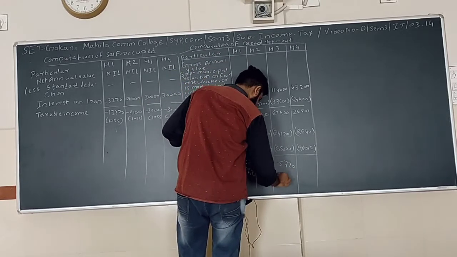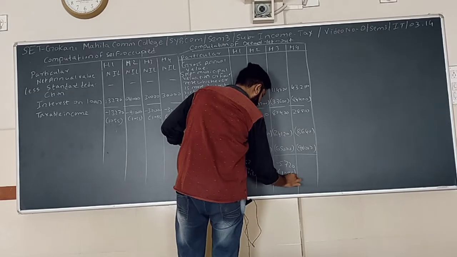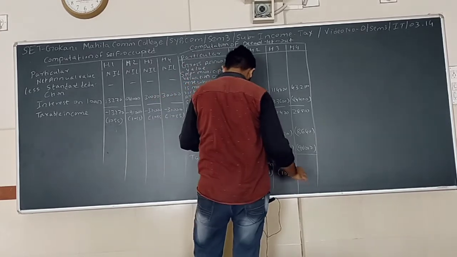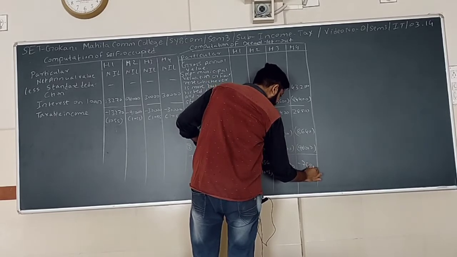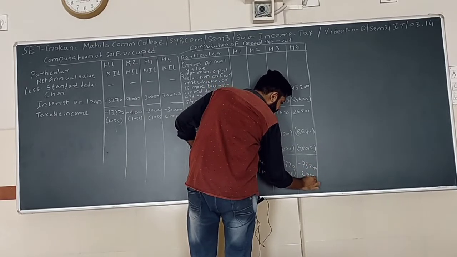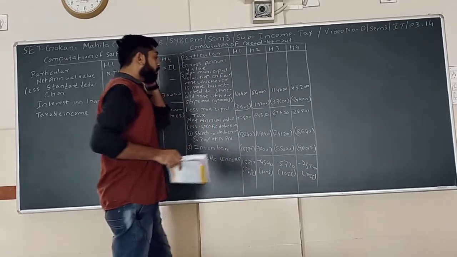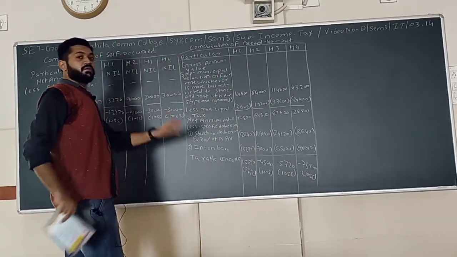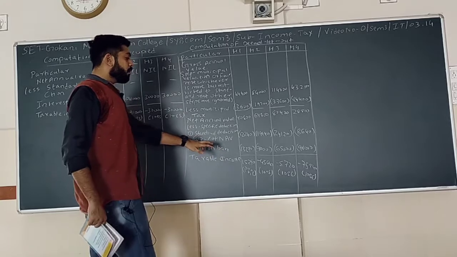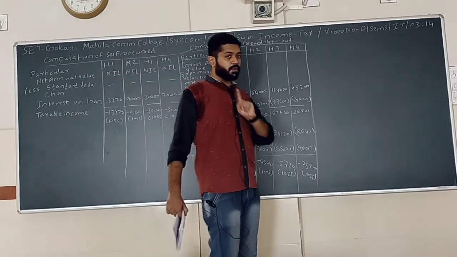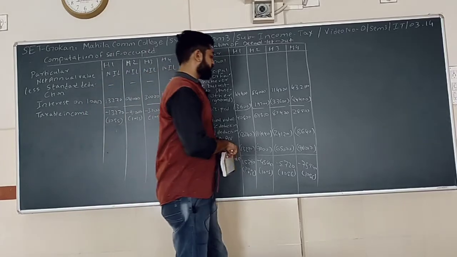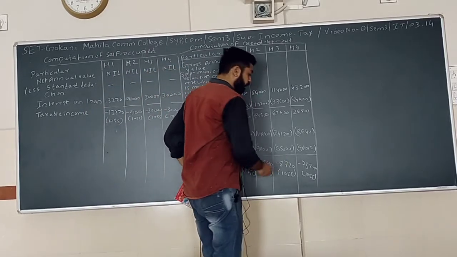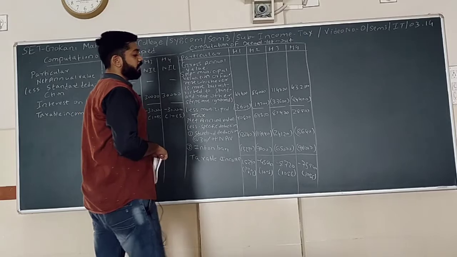This is also going to be loss. And for the fourth part is minus 75,840. So this is also going to be loss. So listen, here the specific deduction has given us for the first house profit, second loss 45,640, third 8,720 is also loss, and the fourth 75,840 is also loss.